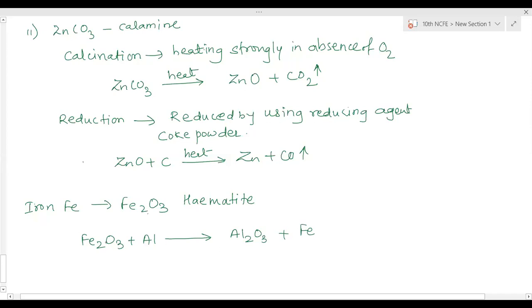This reaction is a highly exothermic reaction, so heat is always produced.